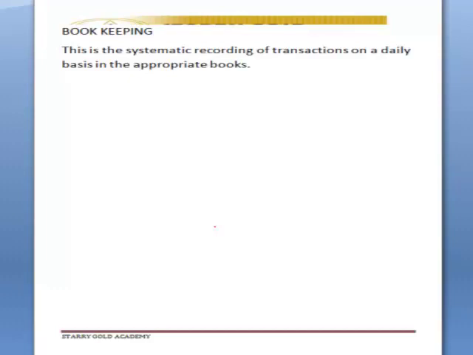It is an integral part of accounting, since accounting is concerned with the uses to which the bookkeeping records are put, the analysis and interpretation. But bookkeeping is just making sure that records are made whenever there is a financial transaction, and these transactions must be recorded or kept in the appropriate books of accounts. So everybody can become a bookkeeper as long as you are keeping a record of financial transactions.